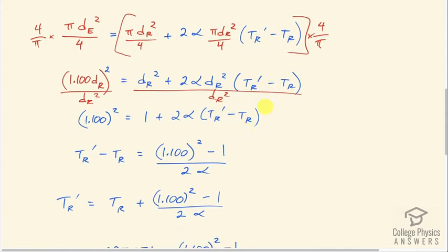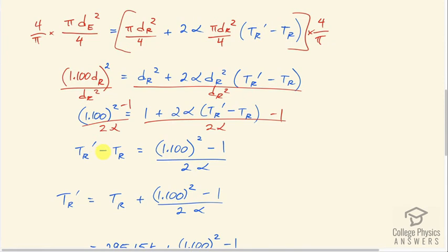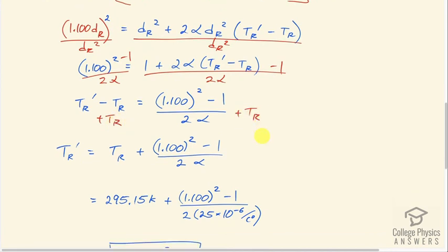Then we subtract 1 from both sides, and then divide both sides by 2 times alpha, and we get this line here. After switching the sides around, tr prime minus tr equals 1.1 squared minus 1 all over 2 alpha. Then we add tr to both sides, and we get an expression that will help us find the answer.